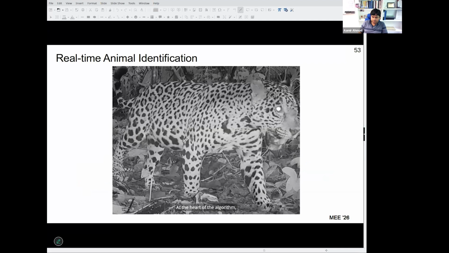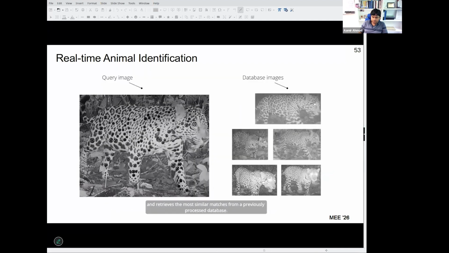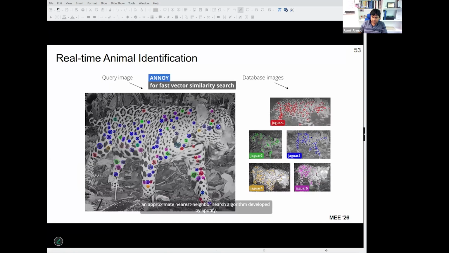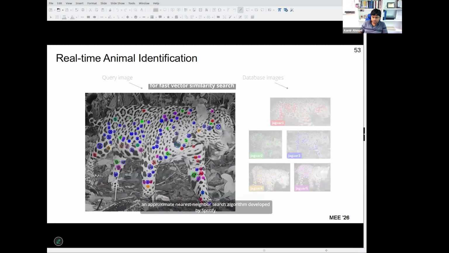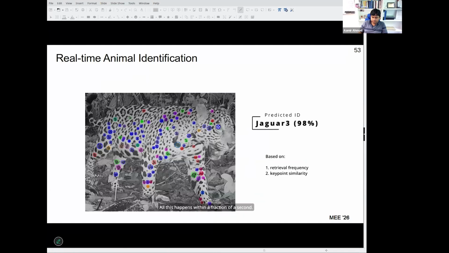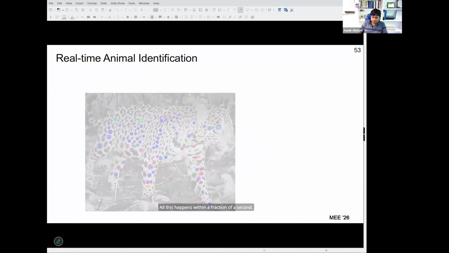At the heart of the algorithm, RAPID extracts SIFT key points from query images and retrieves the most similar matches from a previously processed database. Fast query-to-database matching is enabled via Annoy, an approximate nearest neighbor search algorithm developed by Spotify. Final identities are assigned by weighting retrieved IDs based on match frequency and key point similarity. And all this happens within a fraction of a second.